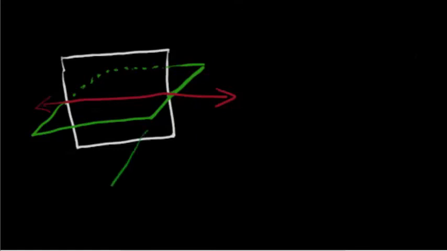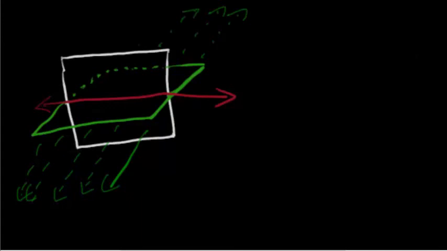So this plane goes on and on forever in that direction. And it also goes on and on forever and ever in that direction. And it goes on and on forever in this direction. And it goes on and on forever in that direction.